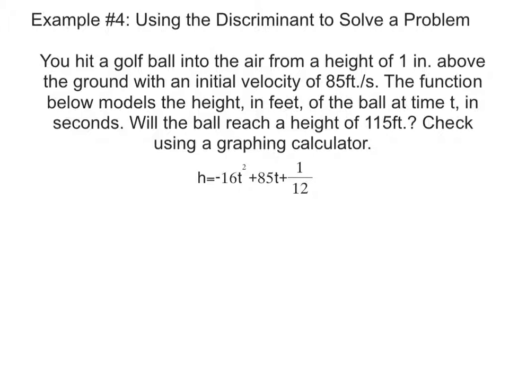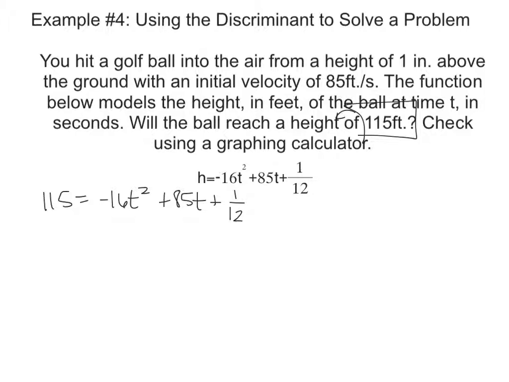Here's the deal. The only piece of information that is important from the word problem is the 115 feet. The 115 feet represents height, so I need to substitute that in. So 115 equals -16t squared plus 85t plus 1/12. To deal with a discriminant or anything dealing with quadratics, we need to be sure this is in standard form.